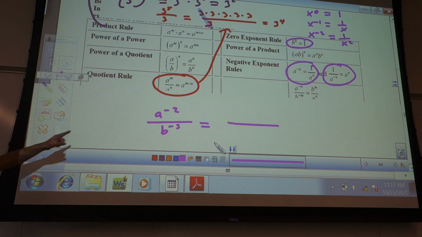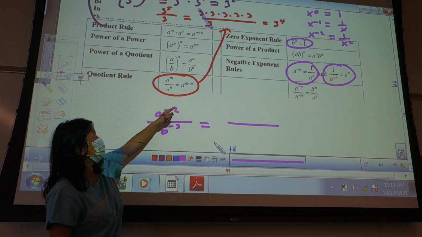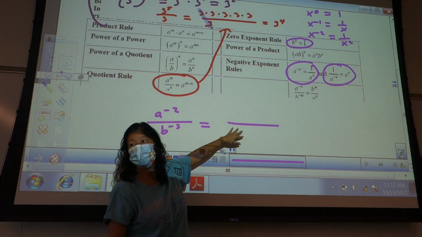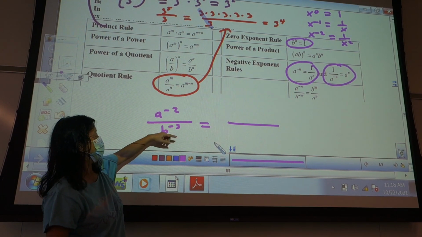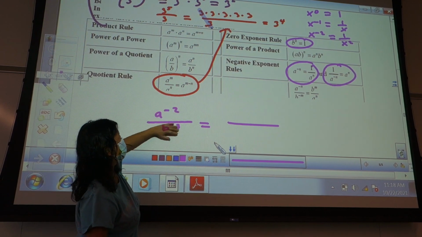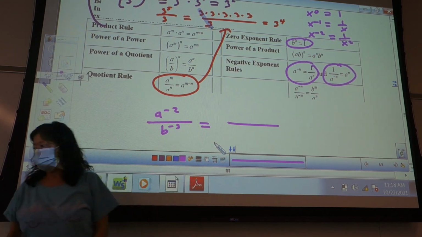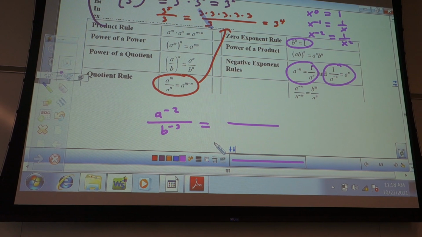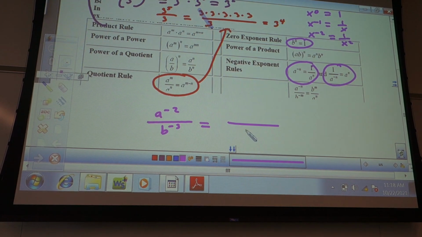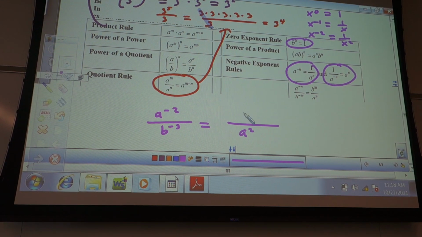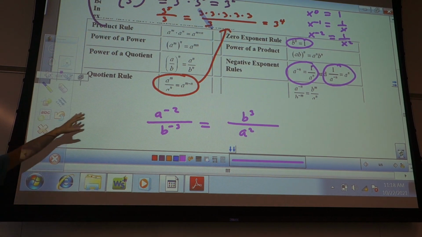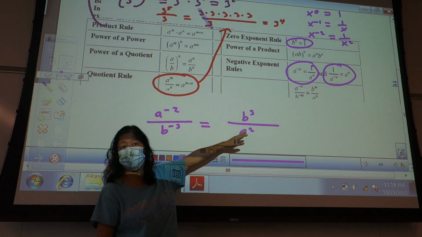Because this says divide, so if I move it to the bottom, then it's being divided by. If you move it to the other side, then it'll become positive. So this goes a to the positive 2, b to the positive 3. So if I were to simplify this, this would be the simplification.